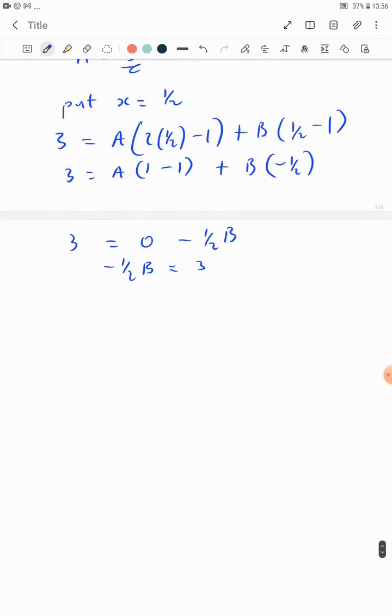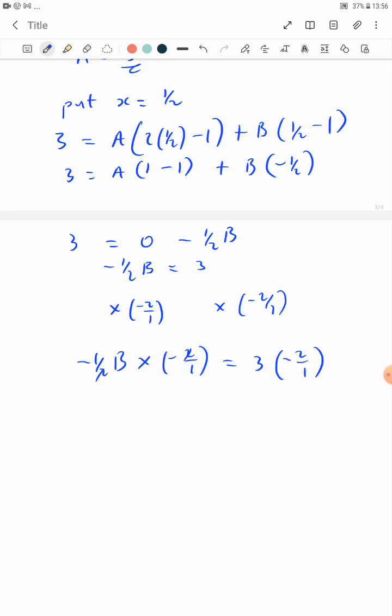All right. So let's multiply both sides by minus 2 over 1, so that we can remove that minus half that is with b. So b times minus 2 over 1, 2 cancels 2, minus times minus will give us plus, equals 3 into bracket minus 2 over 1 on the other side.